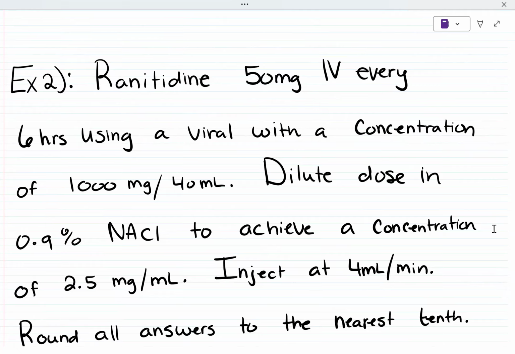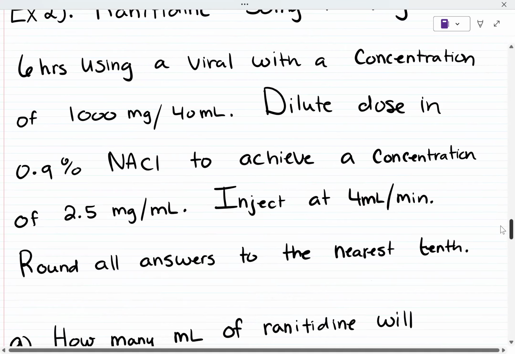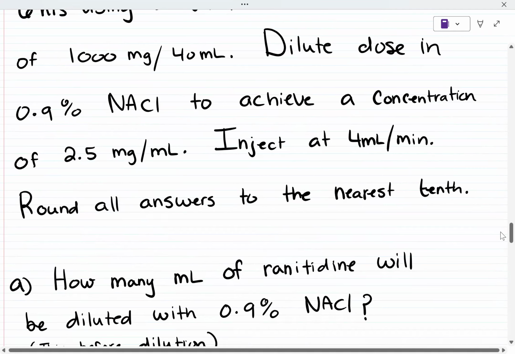Ranitidine of 50 milligrams, 50 mg IV every 6 hours using a vial with a concentration of 1,000 milligrams per 40 milliliters. Dilute dose with 0.9% NaCl to achieve a concentration of 2.5 milligrams per milliliter. Inject at 4 milliliters per minute. Round all answers to the nearest tenths.